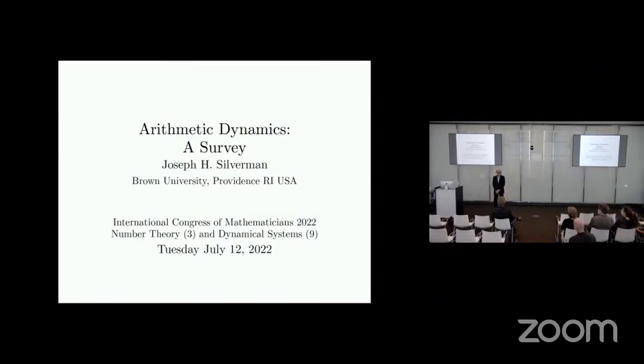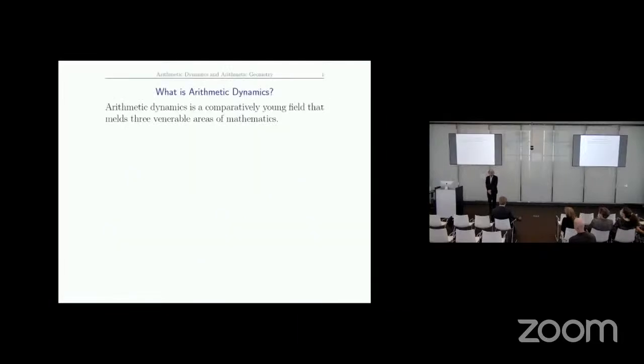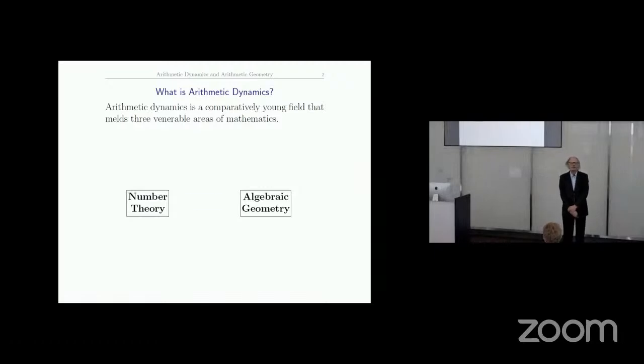As Brendan said, what I'd like to do today is to give a survey of this field called arithmetic dynamics, which is a comparatively young field, and it's a combination of three quite old fields of mathematics, the first two of which really date back a very long way, number theory and algebraic geometry, which have been linked to some extent for a long time, but certainly for the last century, they've been very closely linked in the field called arithmetic geometry, where one studies rational points on algebraic varieties.